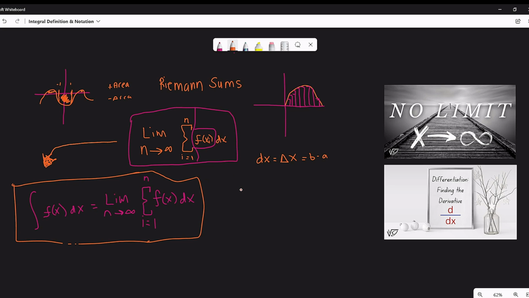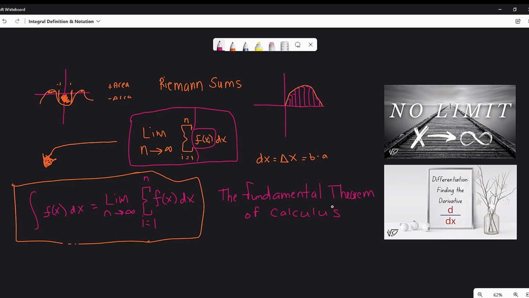And the integral brings us to what we call the fundamental theorem of calculus.